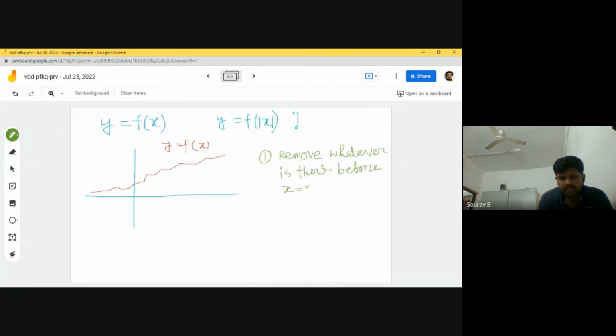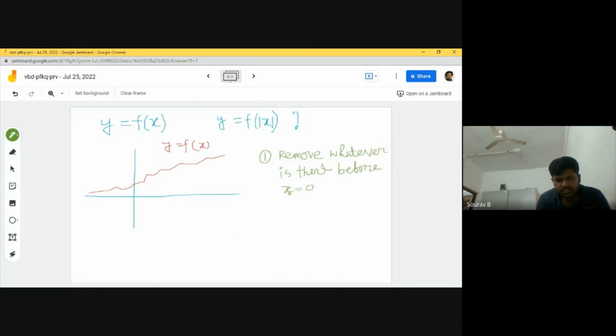So you will start from minus infinity, or start from the domain of this curve, and you will increase the value of x.